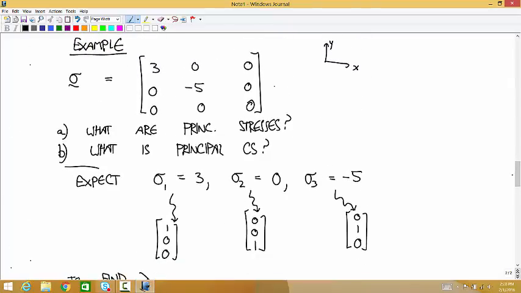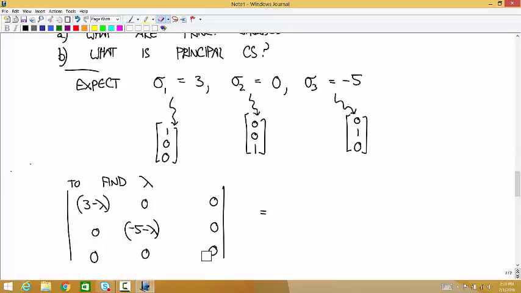Oh, no, this shouldn't be 0 here. This should be minus lambda. 0 minus lambda.